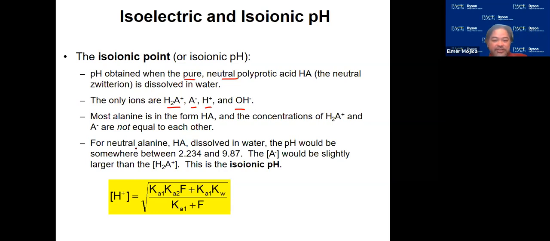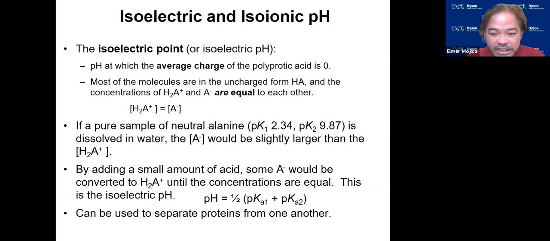If you're going to look at neutral alanine dissolved in water, the pH should be somewhere between pH 2.34 and 9.87. And that is the so-called isoionic pH. So it's just equal to the average of pKa1 and pKa2.